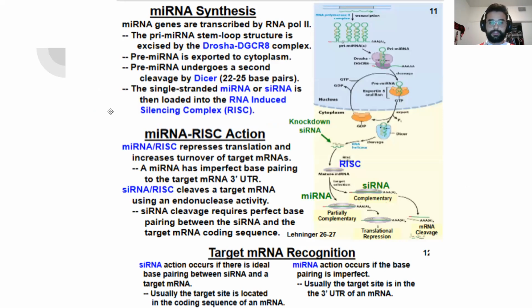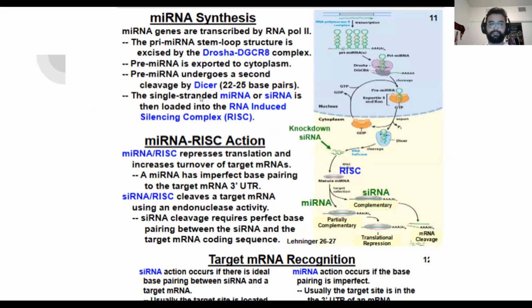For our miRNA synthesis, we have a pri-miRNA stem loop structure that's broken apart by a Drosha-DGCR8 complex. Our pre-miRNA is then exported to the cytoplasm. So our RNA right here is in the nucleus, right? It's transcribed. It comes straight up from RNA polymerase II. It's transcribed, broken apart by a Drosha complex.